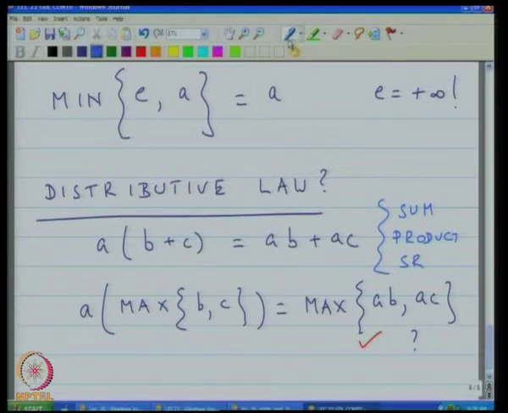So, the question is, does the distributive law hold? And the form of the distributive law is a little bit different in this case, because now we have the min sum.